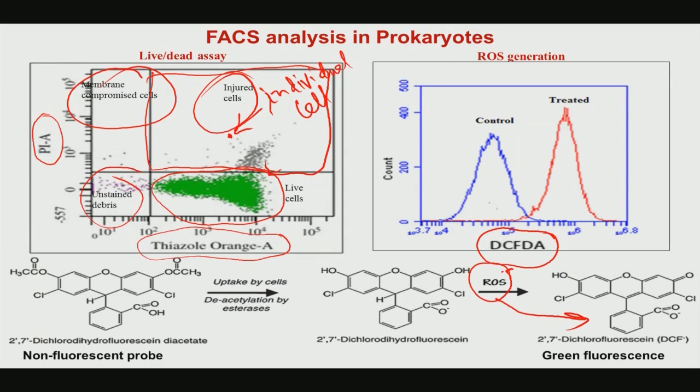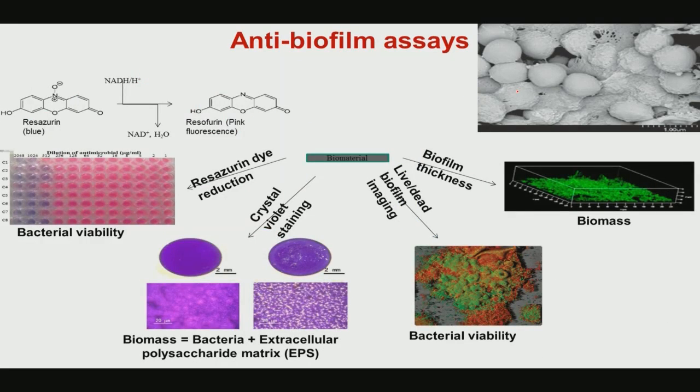This is your control cell population, and this is your treated cell population, which is shifted towards the right hand side in the DCFDA assay. From there you can see the fraction of cells where ROS is significant, and then you can quantify how much ROS is generated.